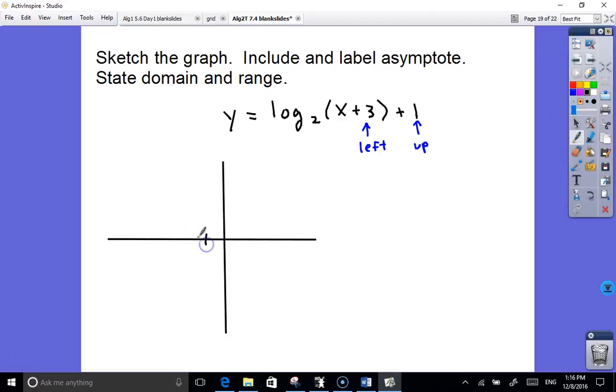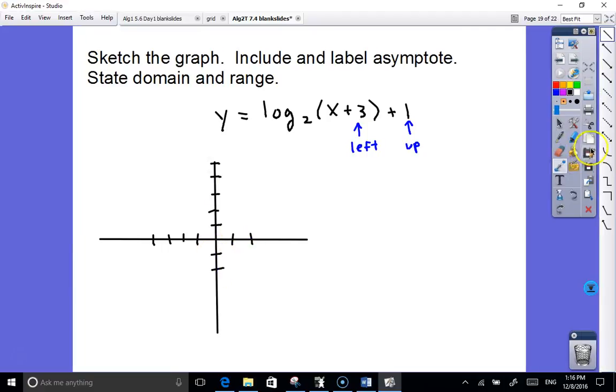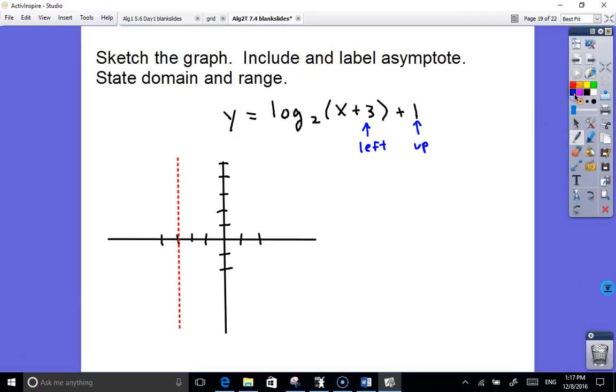Left 3, 2, 3, 2. Hopefully that'll be enough. Then go back and do my asymptote. It should be about right there. So include and label the asymptote: x equals -3.